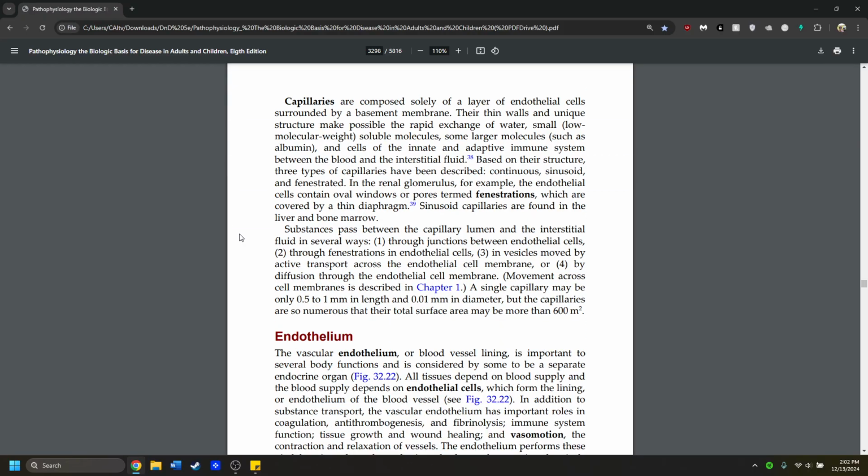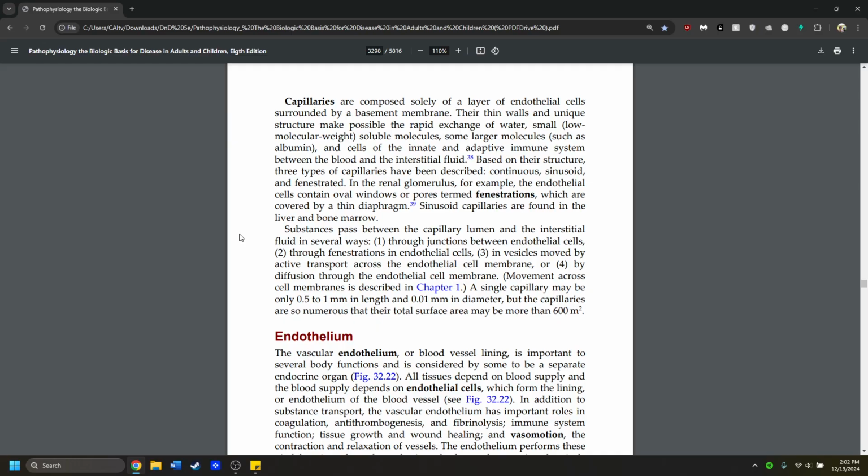Capillaries are composed solely of a large endothelial cell, surrounded by a basement membrane. Their thin walls and unique structure make possible the rapid exchange of water, small, low molecular weight soluble molecules, some larger molecules, such as albumin, and cells of the innate and adaptive immune system between the blood and interstitial fluid.